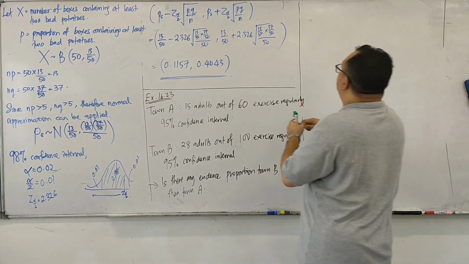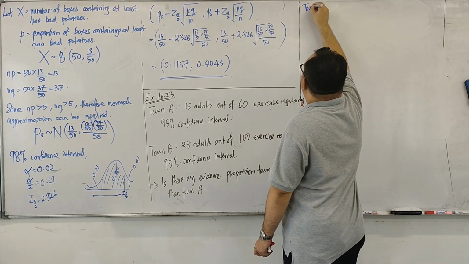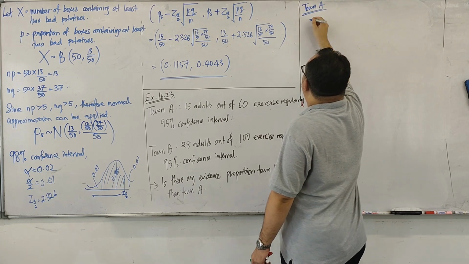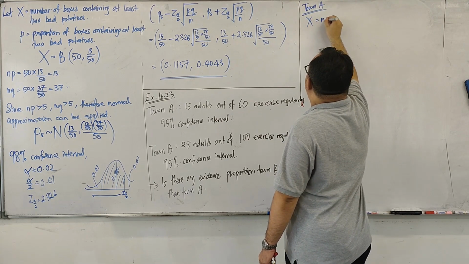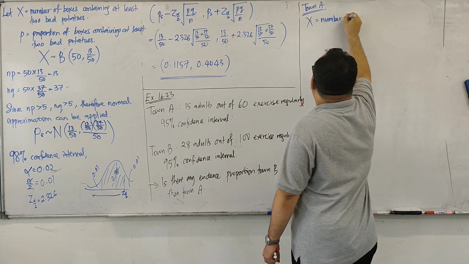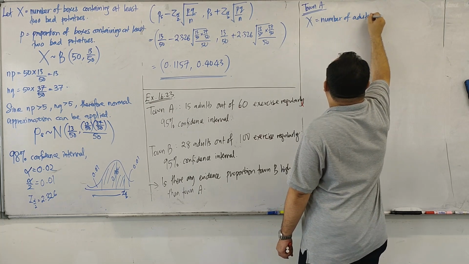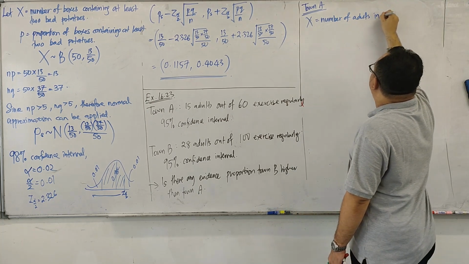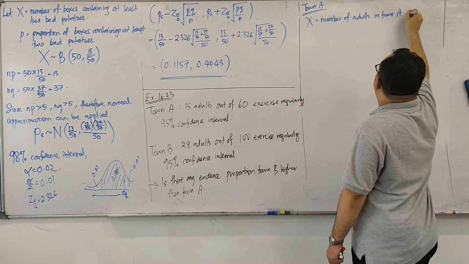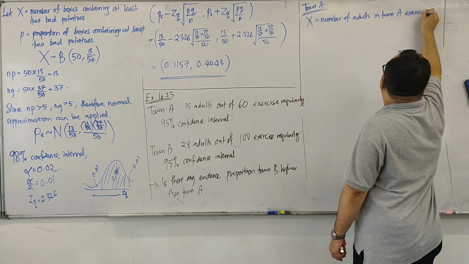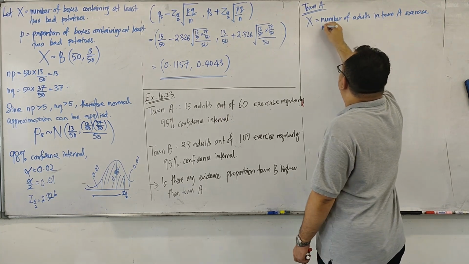Okay, let's do for town A dulu. I define my X. X adalah number of adults in town A who exercise regularly.